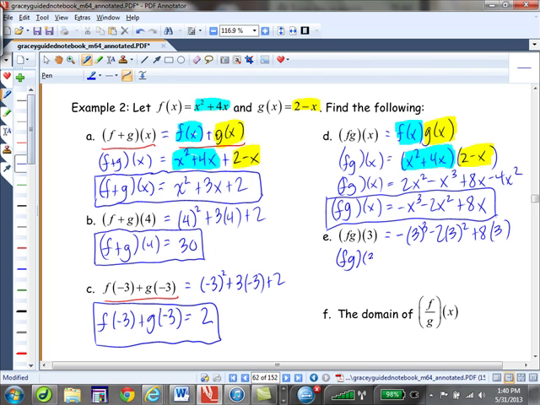So fg at 3 will be negative 27. 9 times 2 is 18, so minus 18 plus 24, which gives us a result of negative 21.